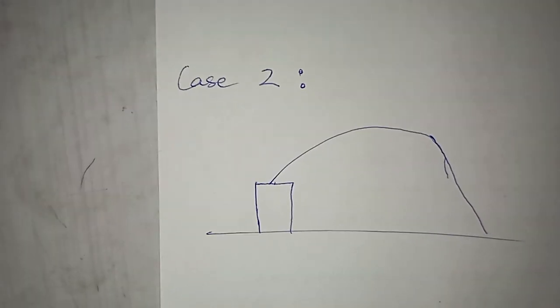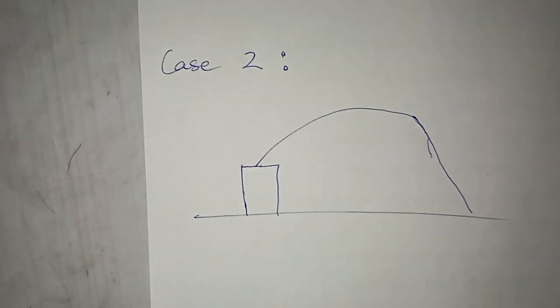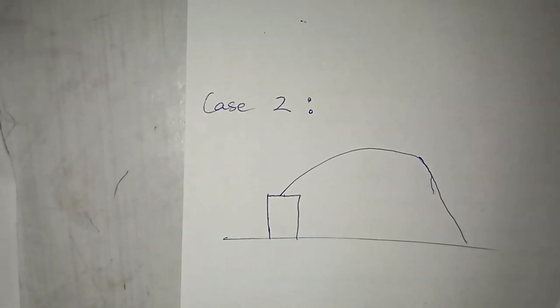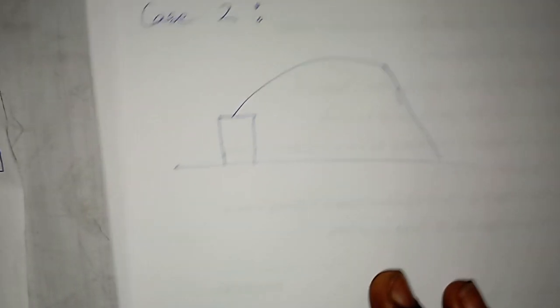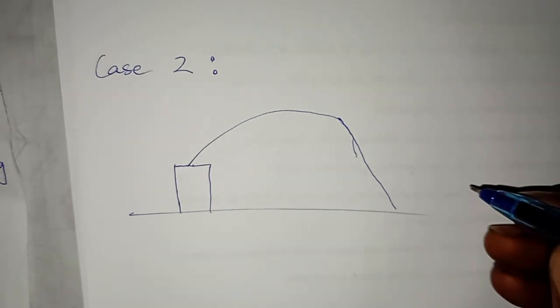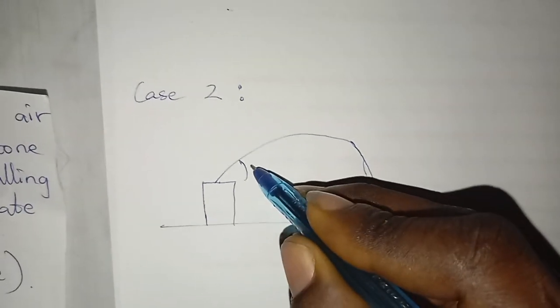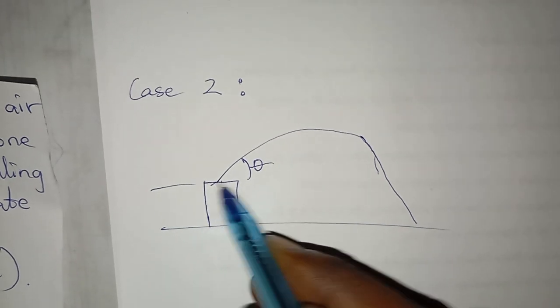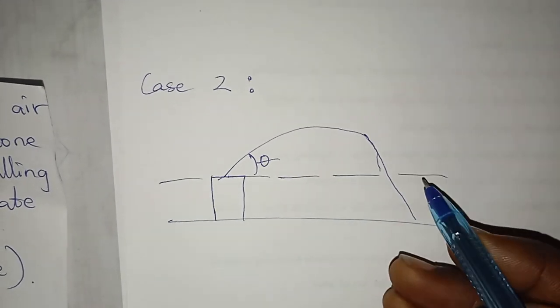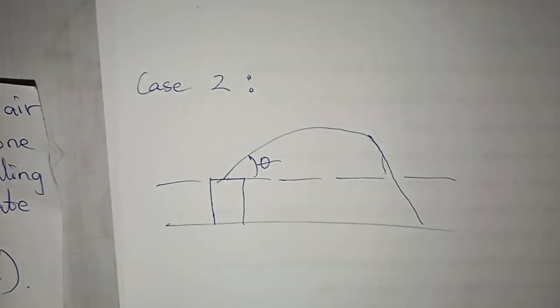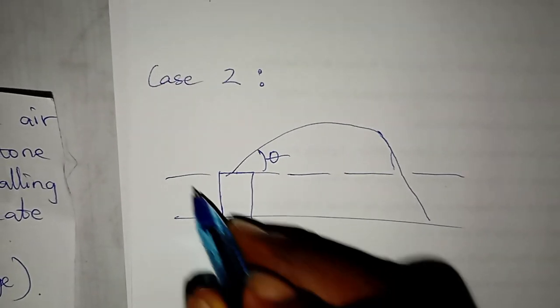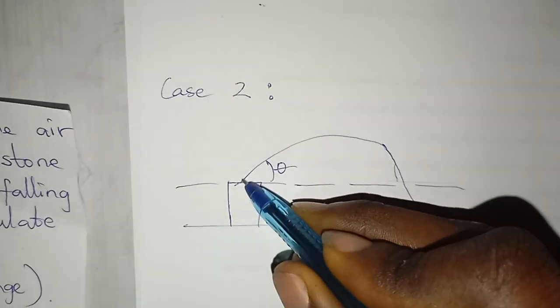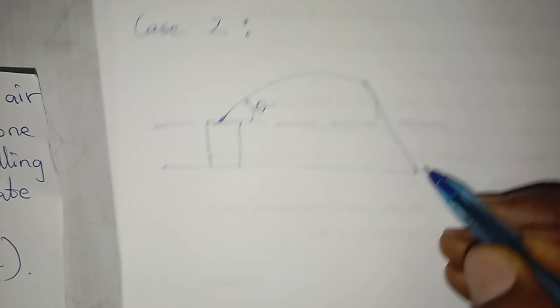This is the height, ground level. Let's do it again. I'm using free hands. So at an angle, this is the angle, let's say theta. At the point of projection, I'll put a dot, and make it straight so that I understand. It starts here, then ends here.